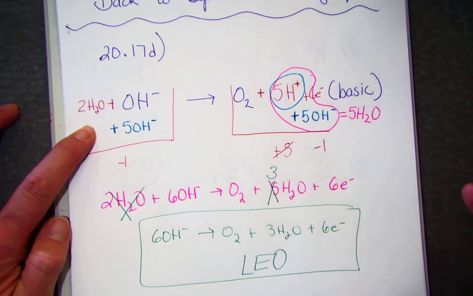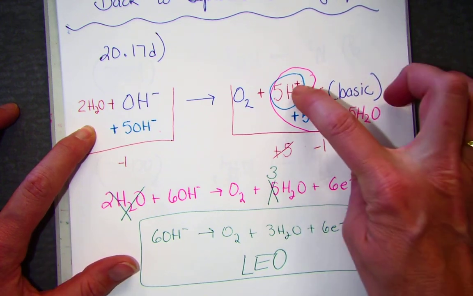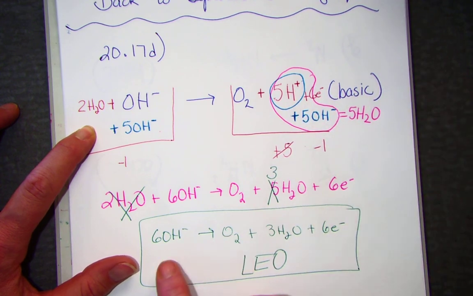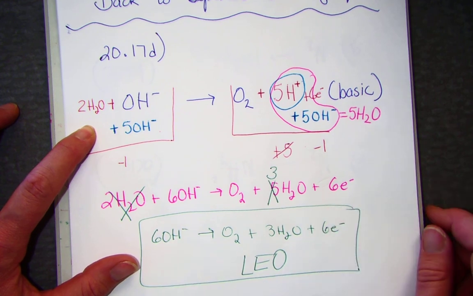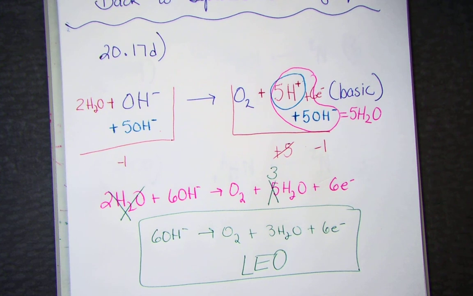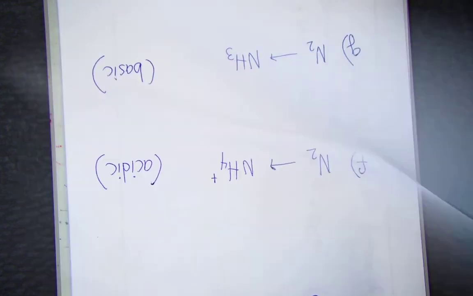The additional step was adding hydroxides to balance out the hydrogen ions. In a basic solution, you better end up with OH negative. In the acid solution, we had hydrogen ions, and then from there, we just simplified. When LEO equals GER, we combine them back together, and we get what's called a complete reaction.